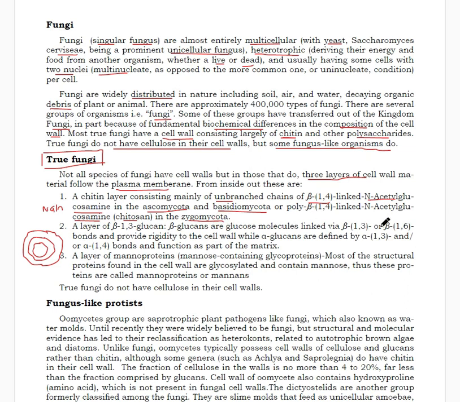So in Ascomycota and Basidiomycota, there is beta 1,4 linked N-acetyl glucosamine.